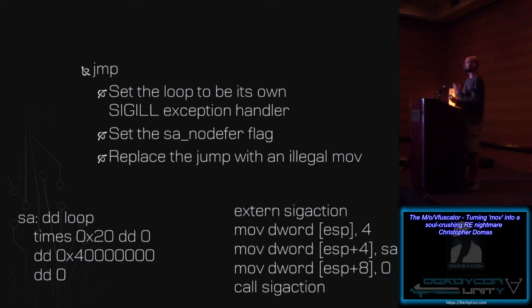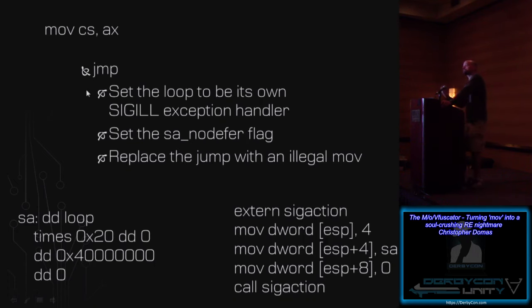When you think about illegal move, you might be thinking of something like a null pointer dereference, but that's actually an illegal memory access, not an illegal move. In fact, the only illegal move instruction I could think of in all of x86 is trying to load the CS register with a move instruction. You're not supposed to be able to do this. You can encode that instruction, but that'll throw an illegal instruction exception.